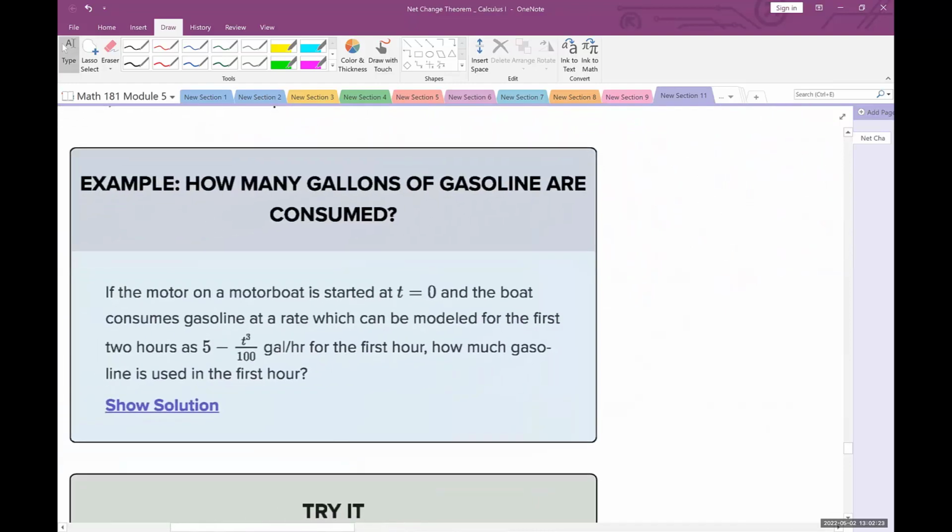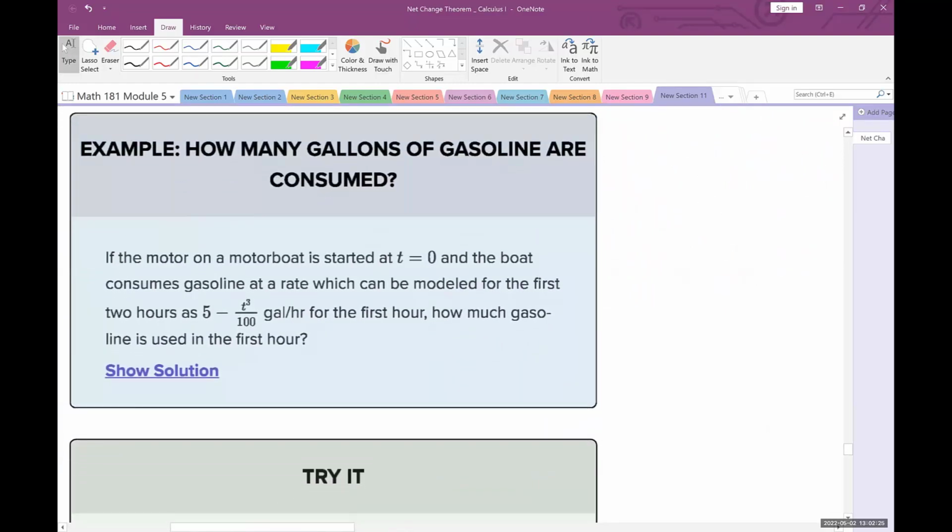How many gallons of gasoline are consumed in this situation if the motor on a motorboat is started at time equals 0, and the boat consumes gasoline at a rate which can be modeled for the first hour as 5 minus t cubed over 100? How much gasoline is used?